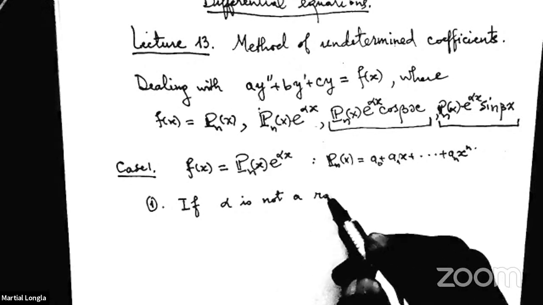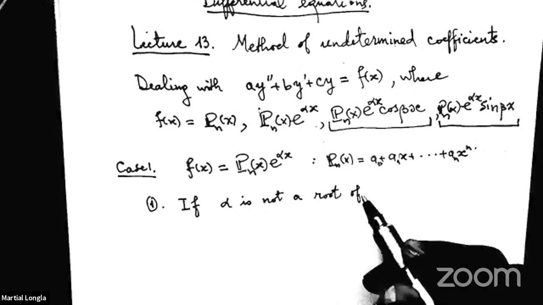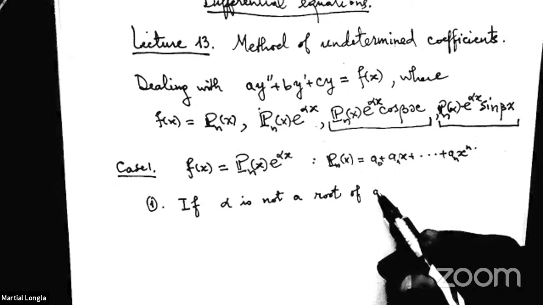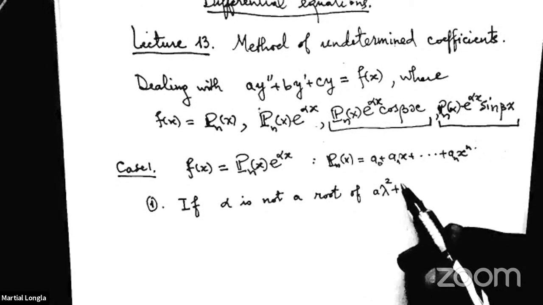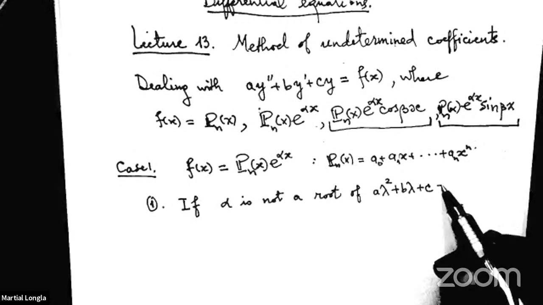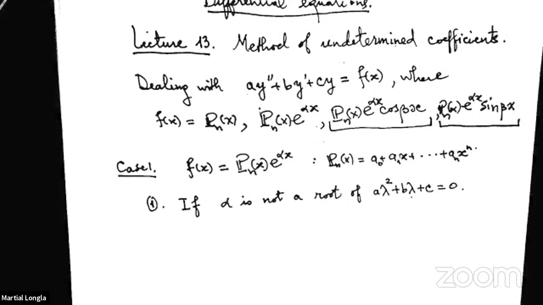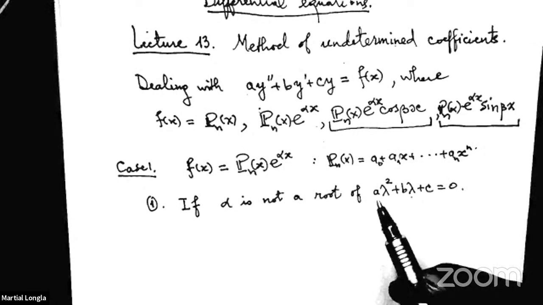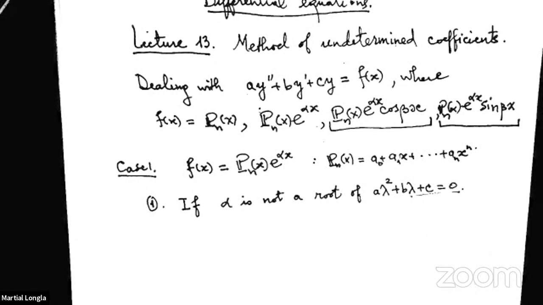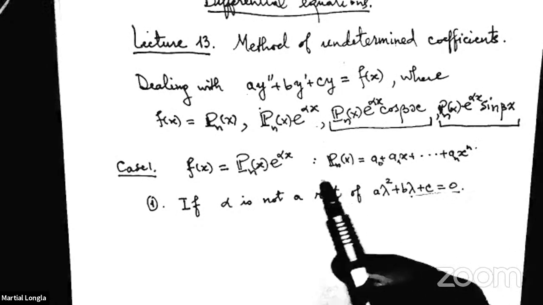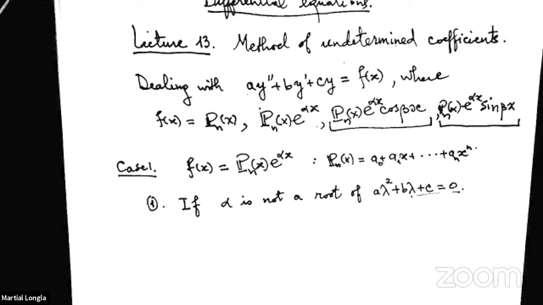Is not a root of a lambda squared plus b lambda plus c equals 0, which is the Euler equation of the homogeneous differential equation when the right-hand side is 0. So we always have to start solving this problem by first finding the solution of this equation. And that's why I say it's highly related. If you can't solve that, then you're in trouble for solving the problem we have now.